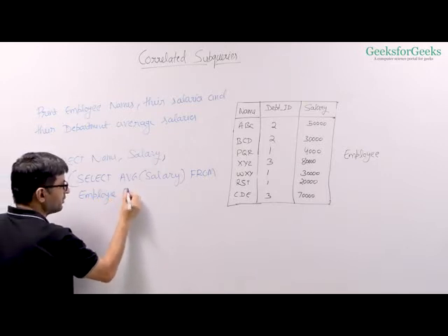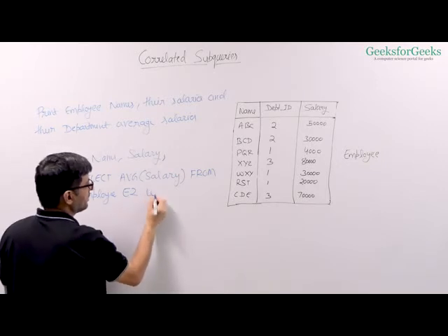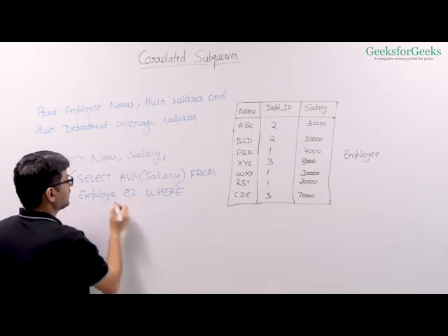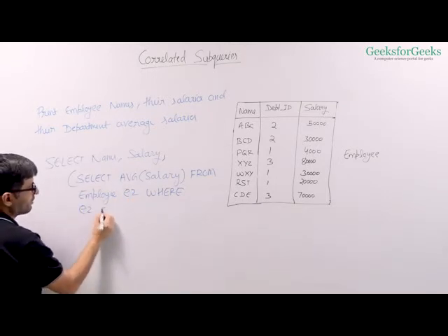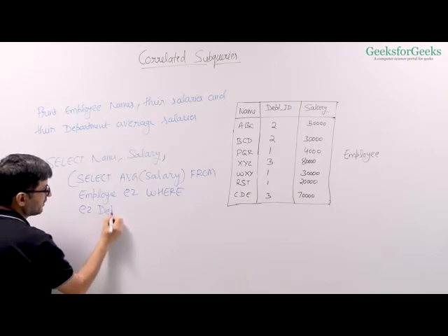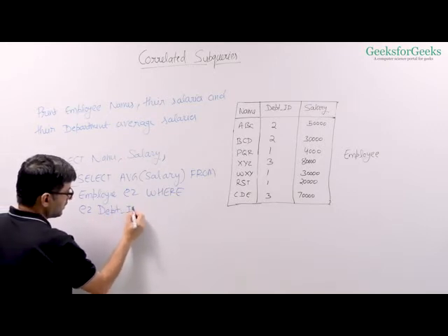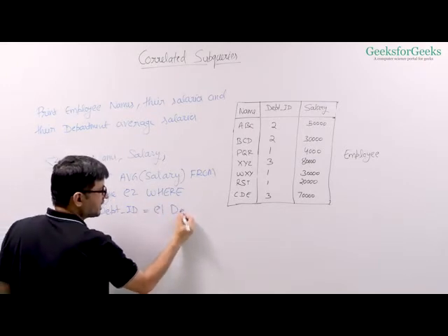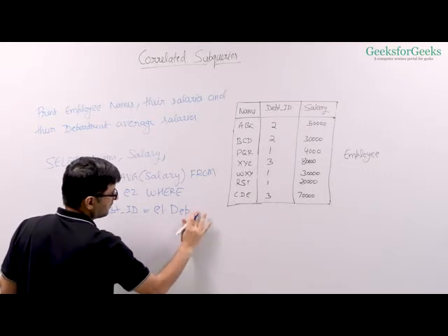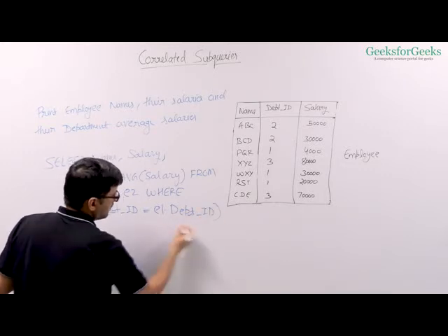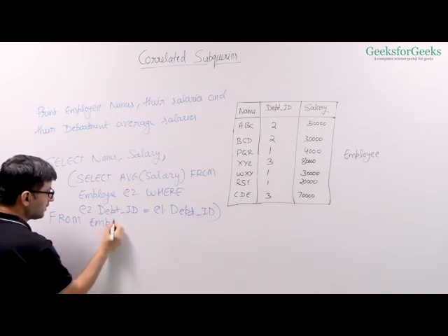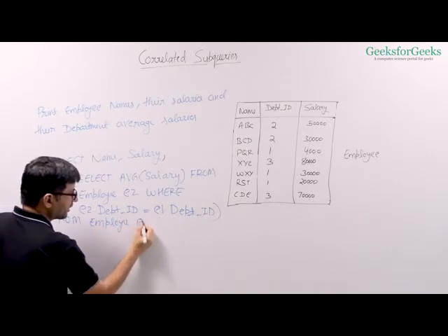Let me give it a name E2 here, where E2.department ID is equal to e1.department ID. So I'll give the outer table the name e1. And the outer query table is going to be from employee again, and we'll give it the name e1.